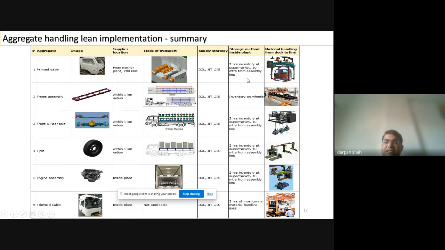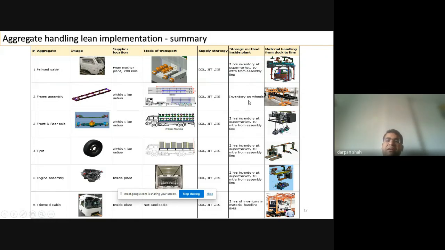Here, as explained earlier, we have a near just-in-time concept. Wherever required, a bare minimum of 2 hours of inventory has been planned for these aggregates, in a very automated manner. Wherever we can reduce, we have reduced the 2 hours inventory level also.